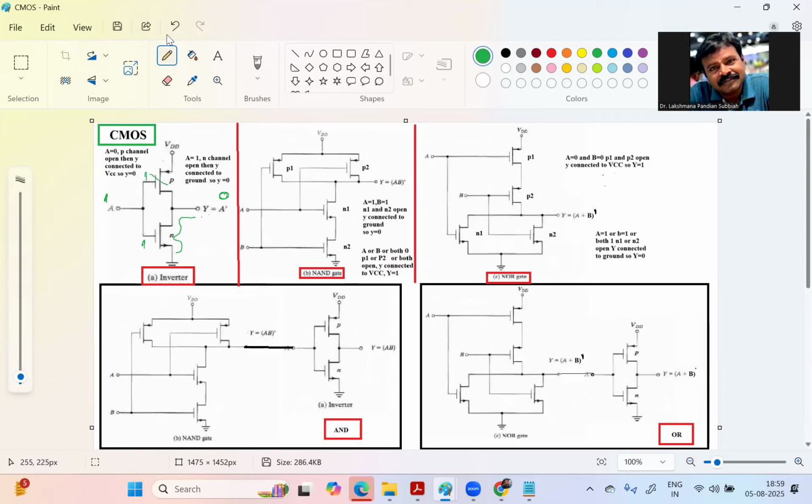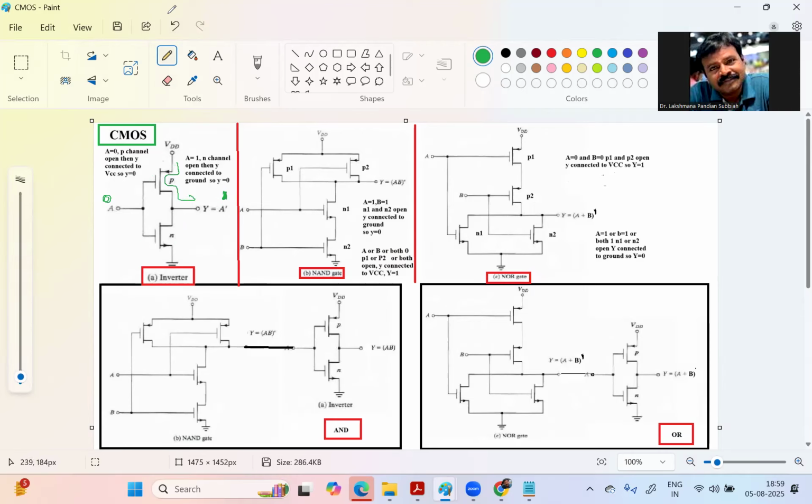So our output is connected with ground, and ground is zero. So we are getting zero. Now if you are applying zero, then we should get one. This is the inverter characteristic. When applying zero, the P channel is allowed to conduct.